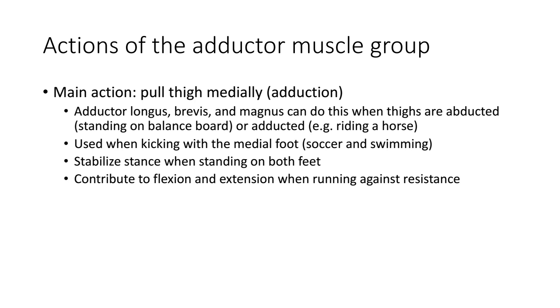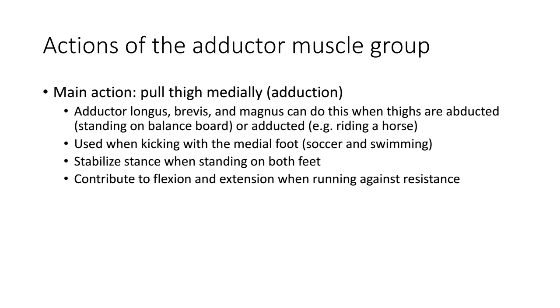The main actions of the adductor muscle group are to pull the thigh medially, or adduction. The adductor longus, brevis, and magnus can do this when the thighs are abducted, like standing on a balance board, or when adducted, like when you're riding a horse and the legs are adducted and still trying to pull the thigh medially.